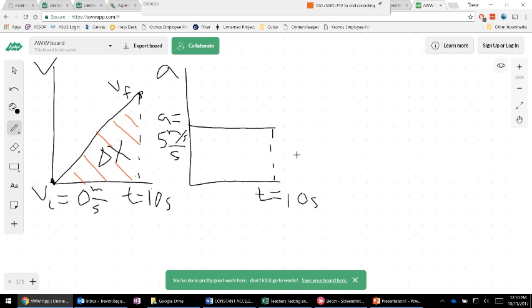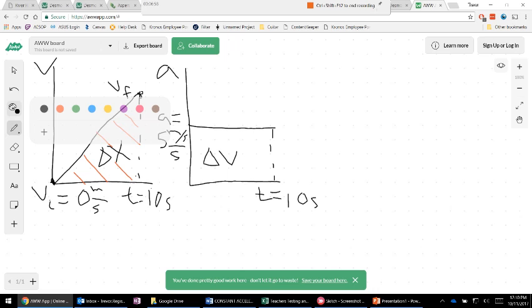Now, just like the area of a velocity graph means something, the area of an acceleration graph means something as well. What the area of an acceleration graph tells you is delta V, the Greek letter delta that means change, and V for velocity, so it tells you the change in velocity.